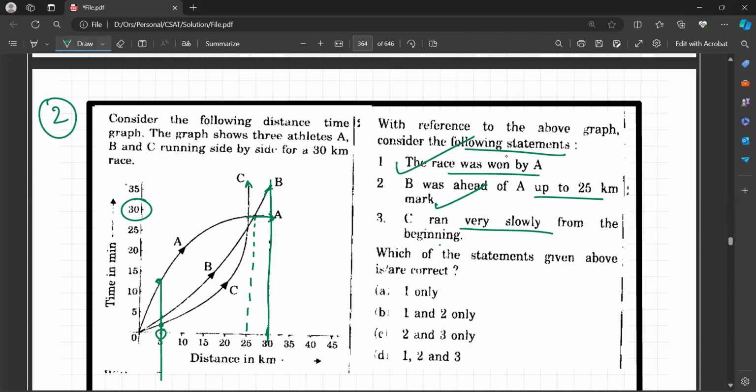The lower graph took the least time. That means faster speed. So at every moment you can see C's graph is below A and B initially. So that means C ran very fast from the beginning. So this statement is wrong. 3 is wrong. 1 and 2 are correct. That means your answer is 1 and 2 only.